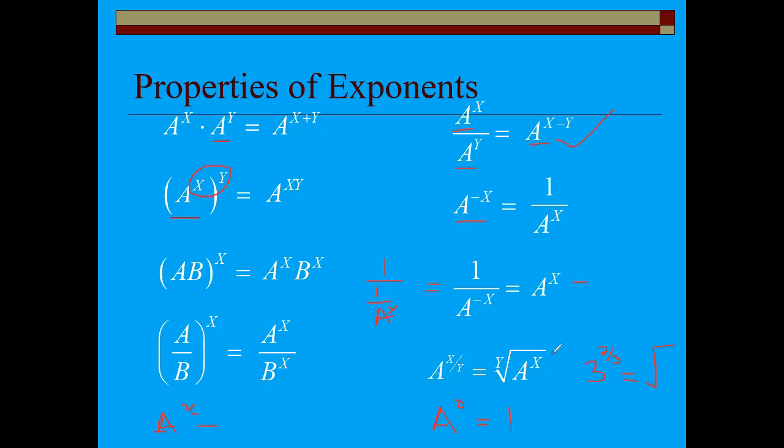We're saying the y root, so that will be the third root, that's the cube root of 3 raised to the power 2. That is what the fractional index gives to us.